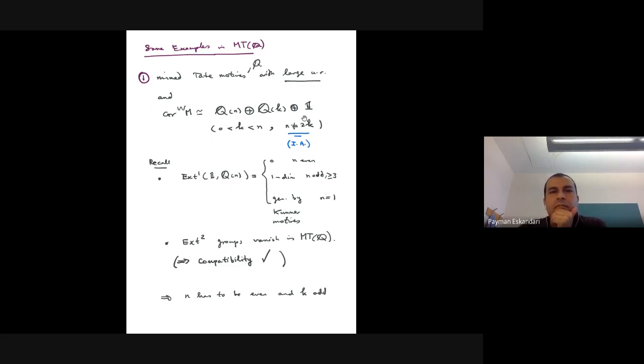Remember there's a horizontal sequence and a vertical one, and both of those have to be non-split. By looking at these Ext groups, we see the parity of n: k has to be odd and n has to be even, if you're trying to get objects with large unipotent radicals.